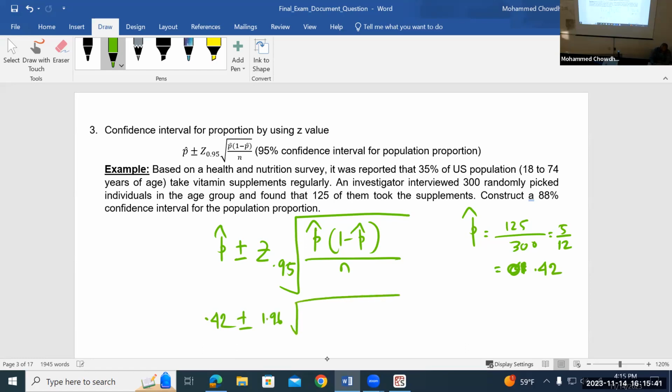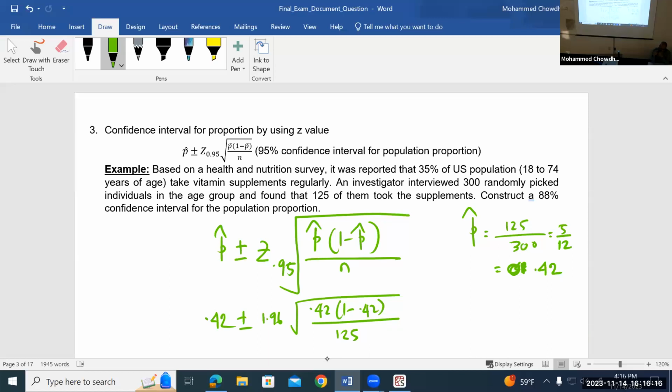And then here I want to put 0.42 times 1 minus 0.42 divided by n. Clear, right?